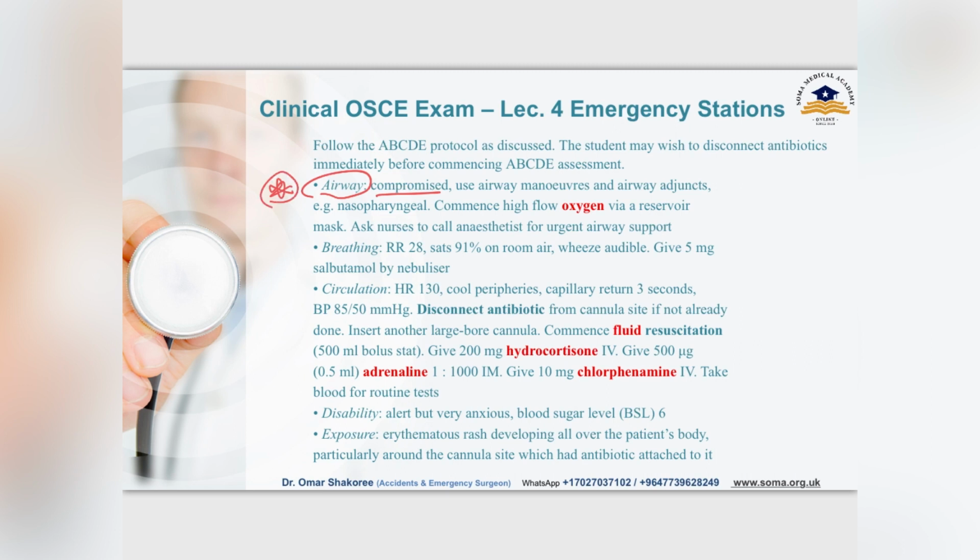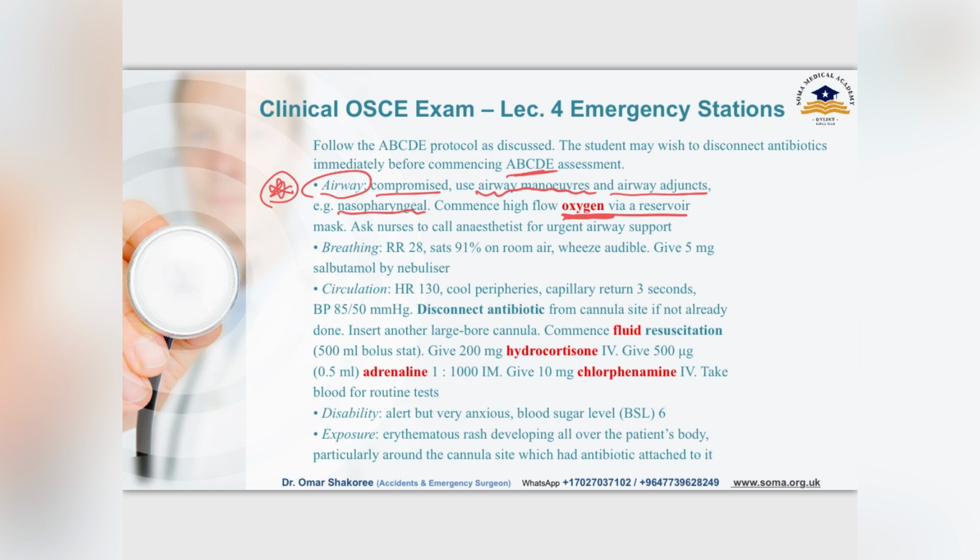The A is the most important thing. You have to follow the A. So the patient has a compromised airway, so use airway maneuvers and airway adjuncts. Airway maneuvers, as we said, are head tilt, chin lift, jaw thrust, and airway adjuncts like nasopharyngeal airway, and put the patient on O2, on oxygen.